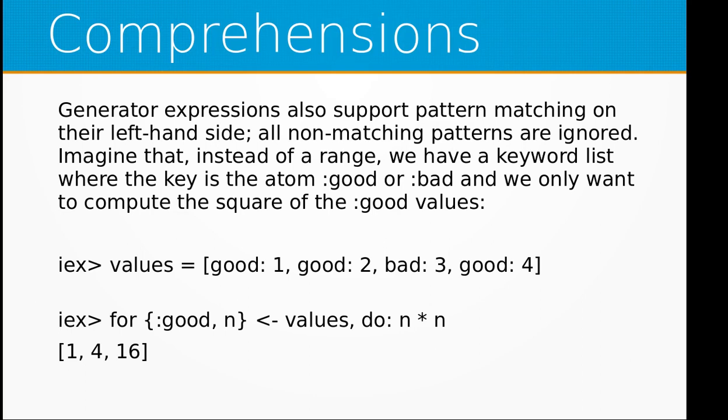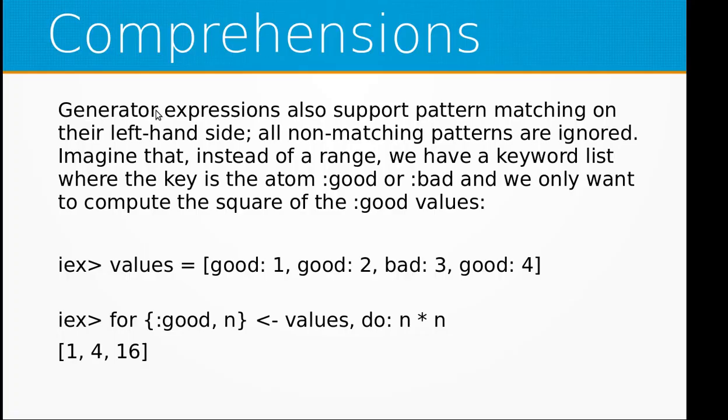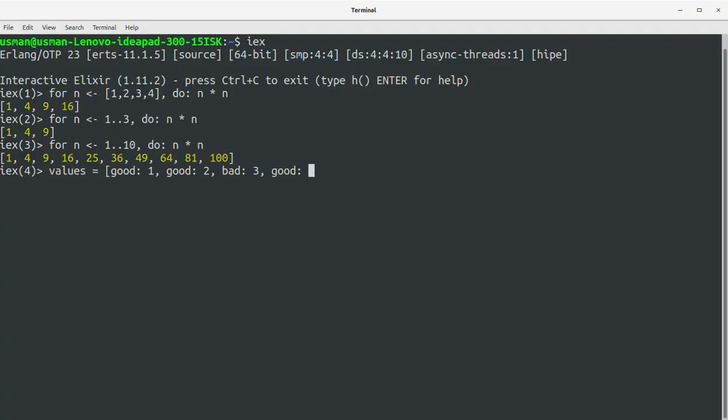Okay, let's create a list: good 1, good 2, bad 3, good 4. So that's what we have in values as a list.